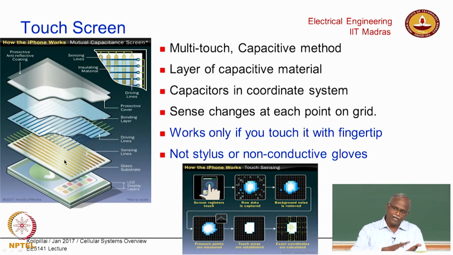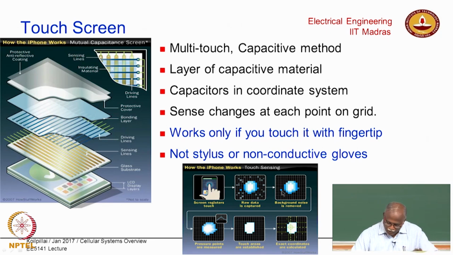On top of that, there are 2 layers which form a matrix of connections. Then there are several layers of bonding, and finally a protective layer. Now when you touch a point, what it generates using this grid is a region of locations where the contact gets made. So it says, okay, this is approximately where the person touched.